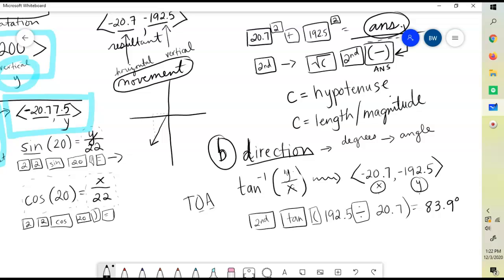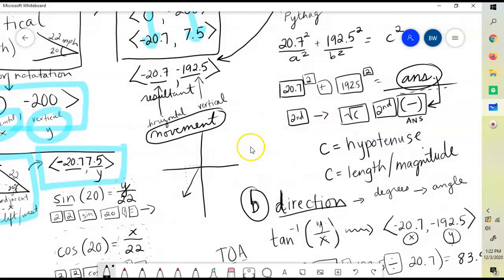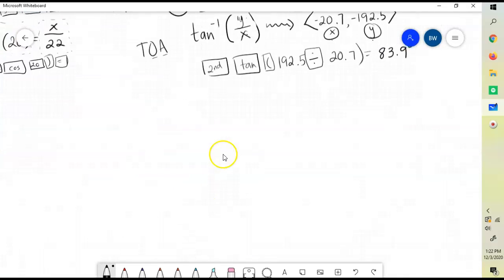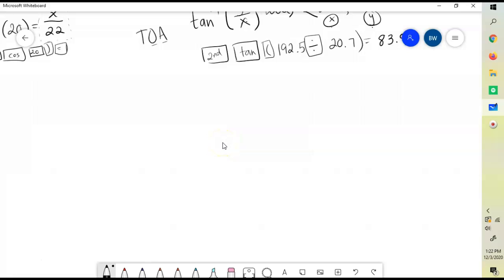Now, using this resultant vector, what we have described here is that it is going to the left and going down. I'm going to go down on the paper just a little bit more. If we had been given a vector right here that was up and to the right, we'd have a positive number and a positive number, and we could just take that angle measure and say, yep, that's the direction.